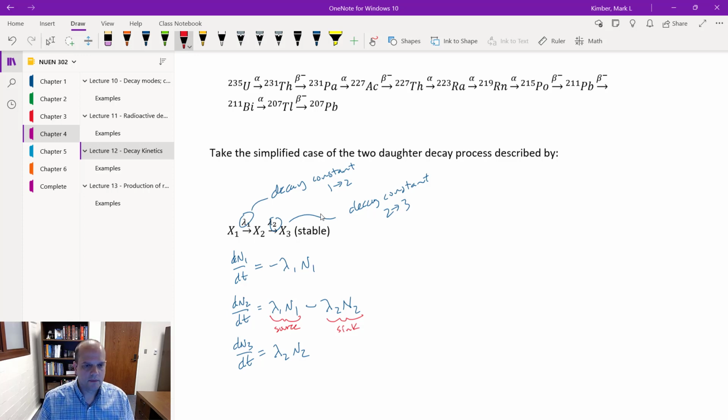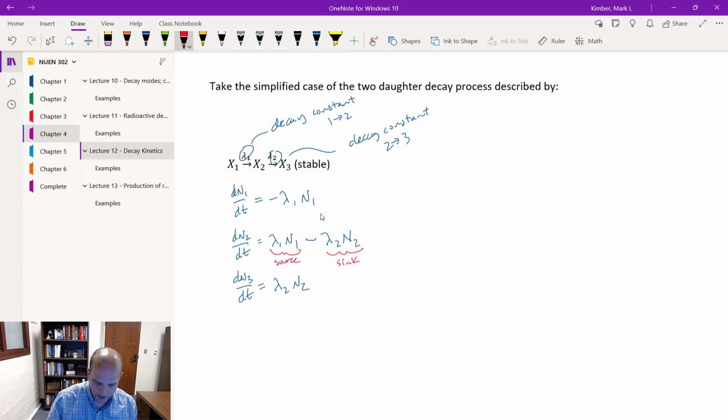And it's just most convenient and most typical in a set of ODEs like this to specify the initial conditions. So we need our initial conditions, and that will look something like this.